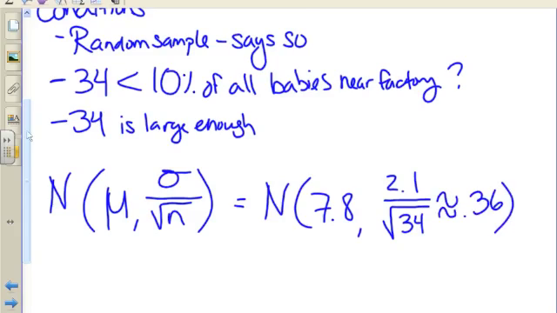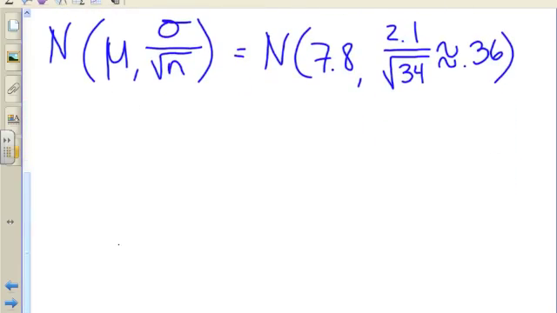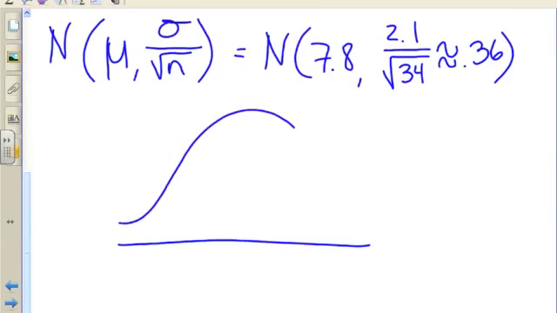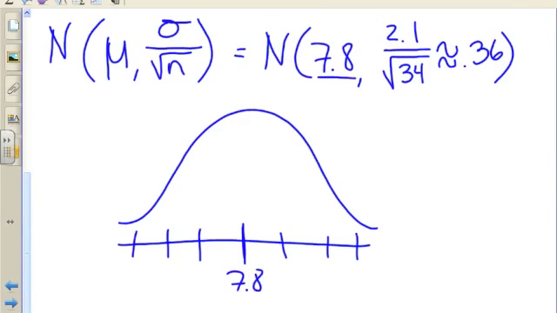All right, so if I go ahead and sketch out my normal model here, I'm giving myself lots of space. Okay, remember, centered at the mean, 7.8. And then I use that standard deviation number to tell me how far to go up and down my 3 standard deviations. So I did that ahead of time, so I'll just jot these down for you. Oh, my apologies. I only went up and down 2.